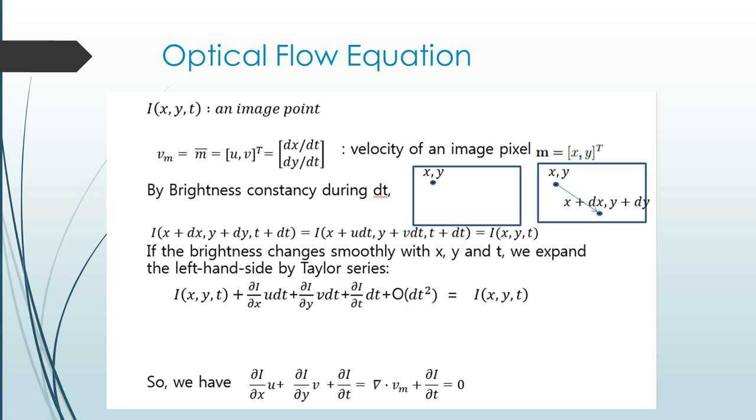Then by using this we can easily transform this equation into a Taylor series approximation. I hope you remember your calculus. And why can we do this? Because we can define a representation of the vector and the partial derivatives of the image position and the time, which is basically equal to 0.